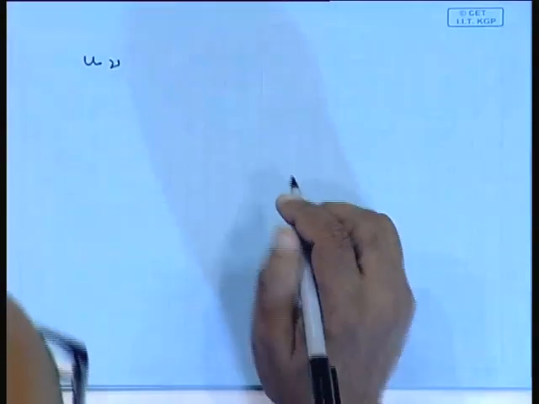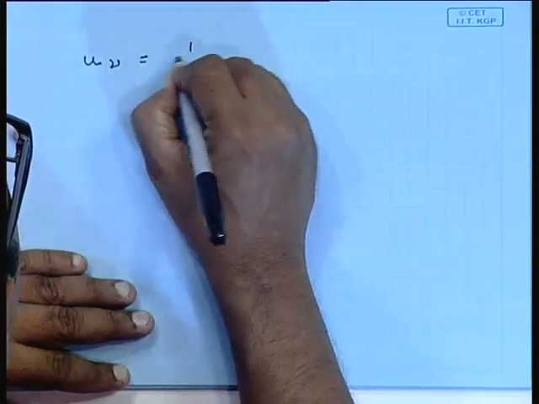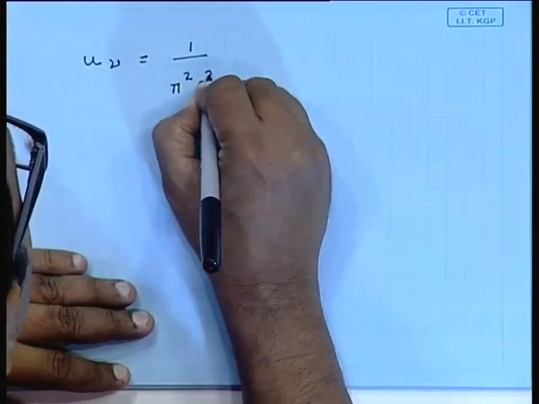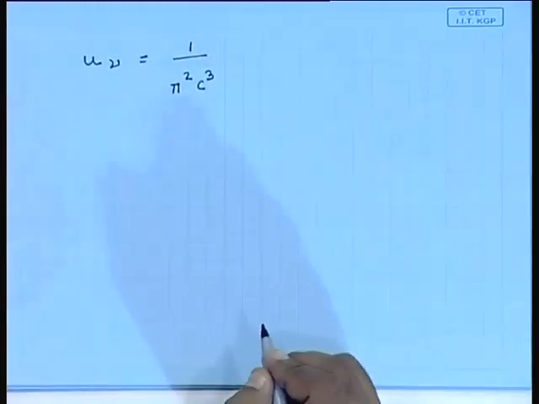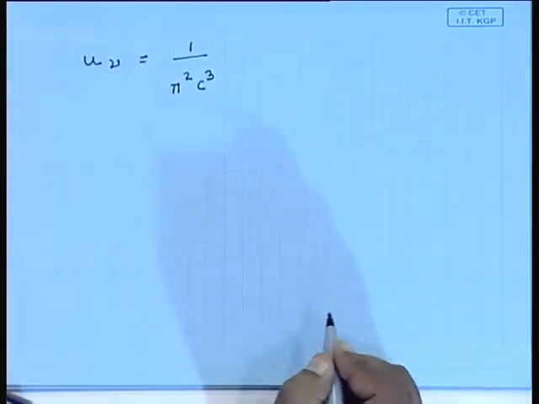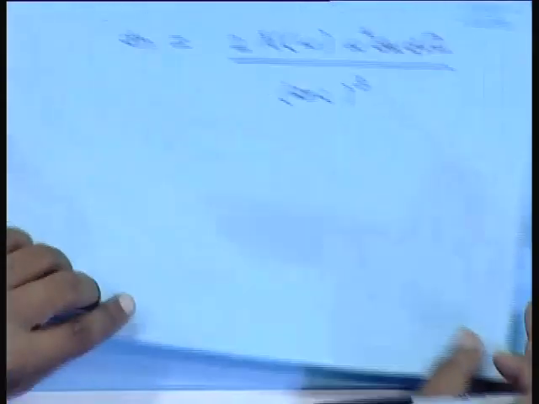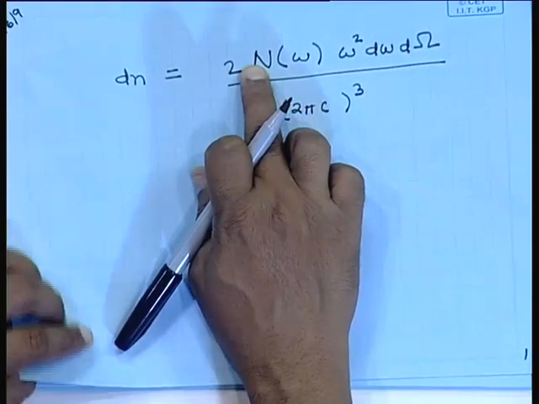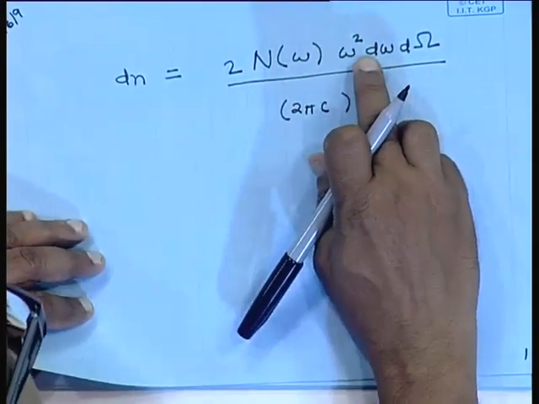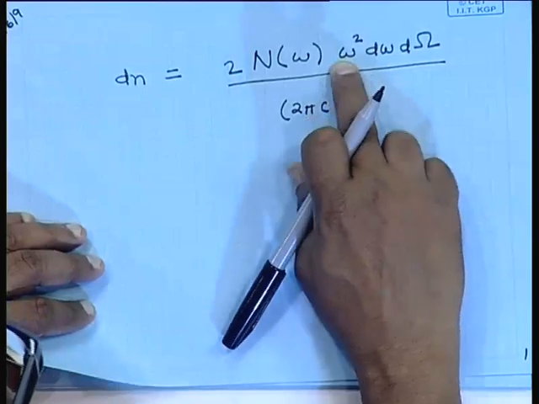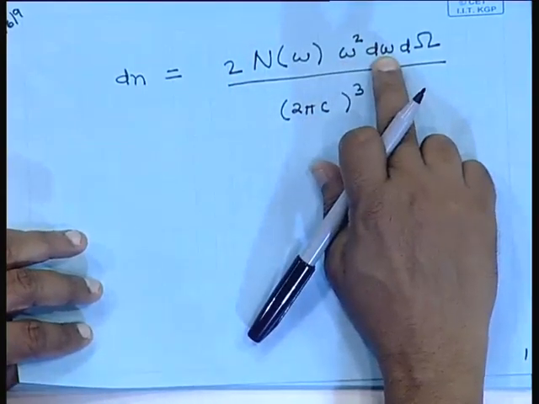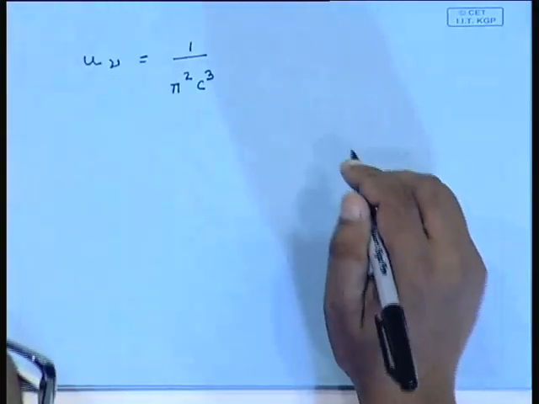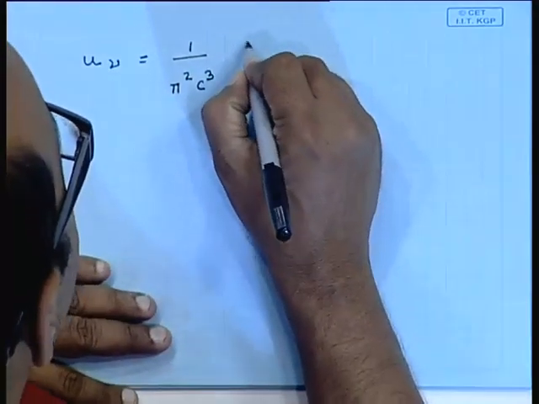So, this is equal to 1 by pi square c cube, then I am going to multiply this with h cross omega. I could also multiply this with h cross square and this with h cross. Let me just write it down and do the simplification, it will be easier.